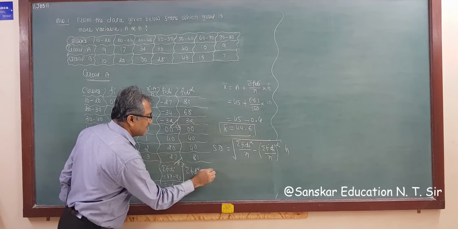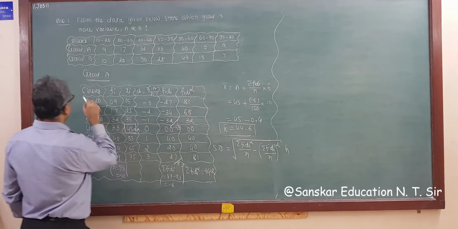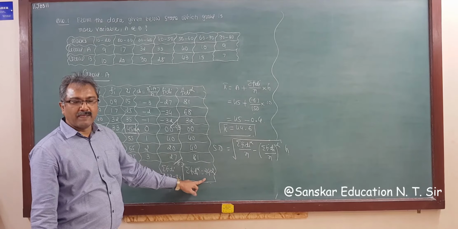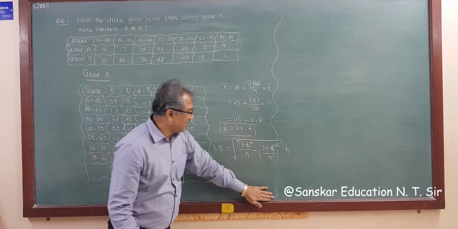So sigma fi di square is 342. Substitute the value and find out.